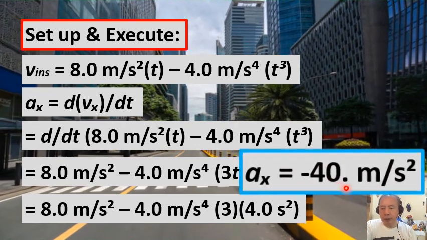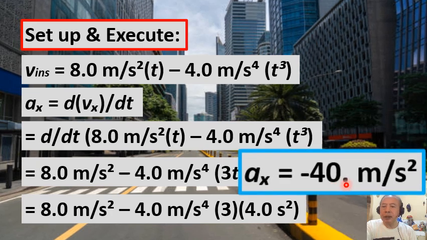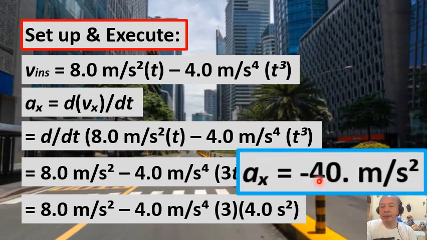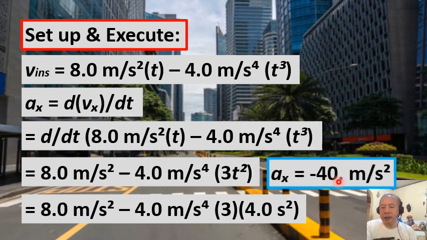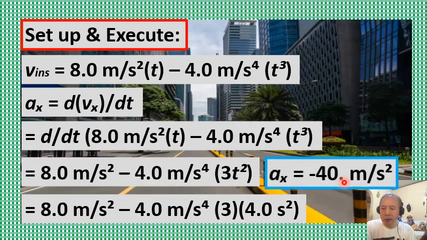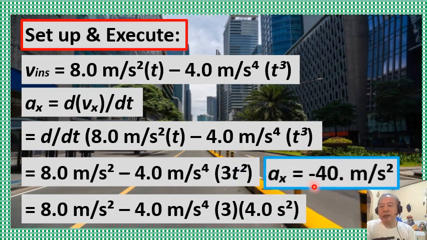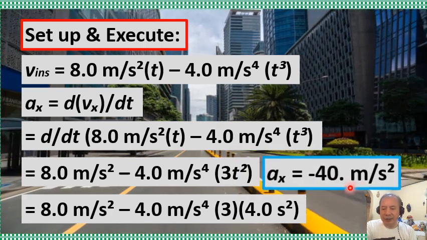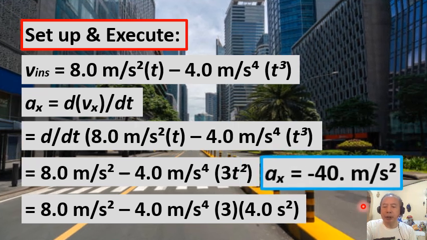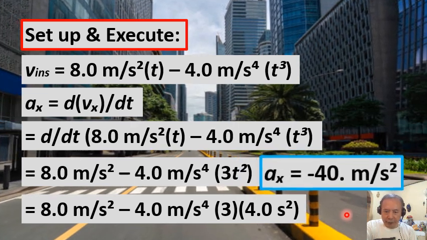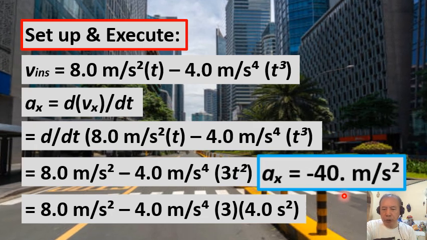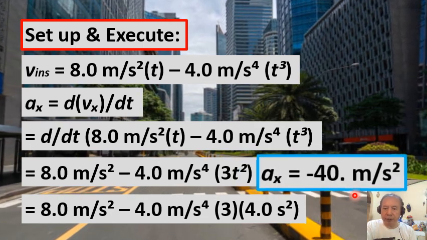So the direction of the acceleration is negative. That means the body is accelerating towards the negative x-axis with a magnitude equal to 40 meters per second squared. So this is one of our answers to the questions in part B.